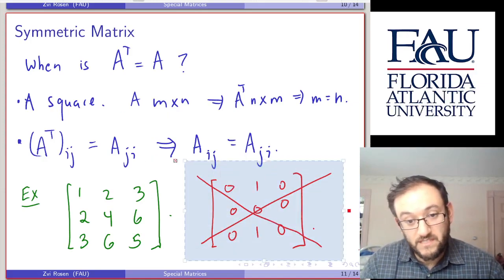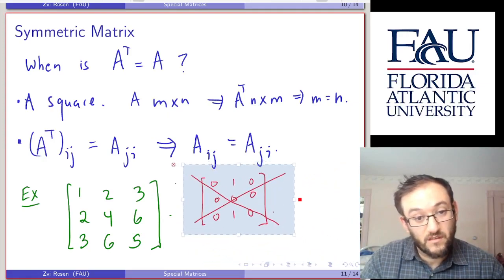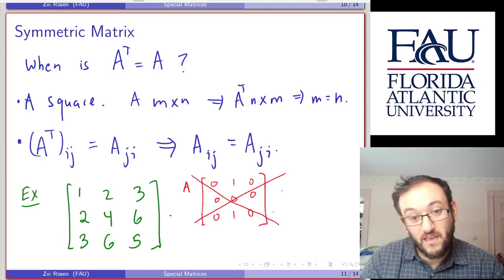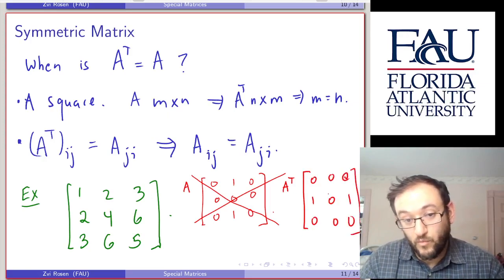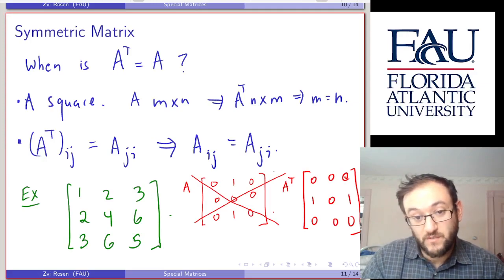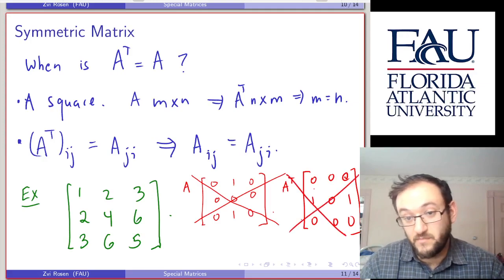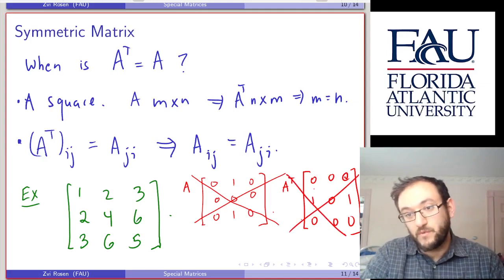If this is our A, then A transpose would be 0, 1, 0, 0, 1. And our 1 entries would be in different places than they started out as. So this is not an example of a symmetric matrix. Even though it's quite nice.